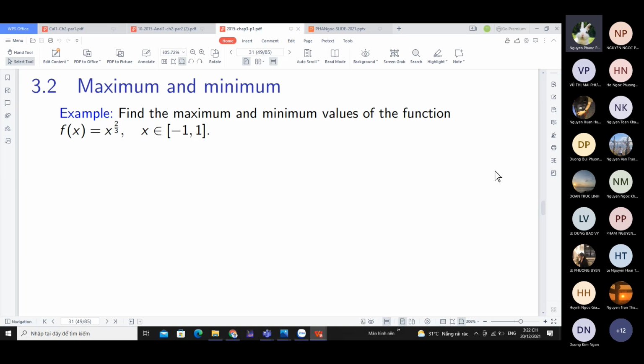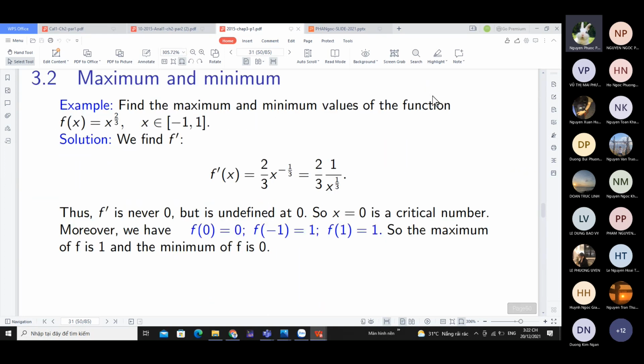Okay, now we find critical numbers of the function f. We just solve the equation f prime of x equals 0. Here x belongs to minus 1 and 1. You see, we evaluate f prime of x. And f prime of x gives you now 2 over 3 times 1 over cube root of x.